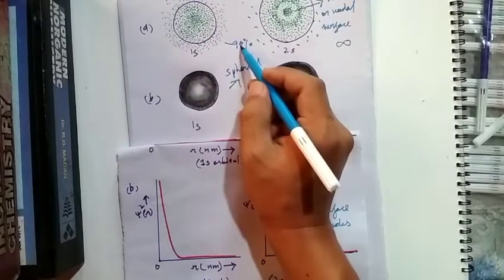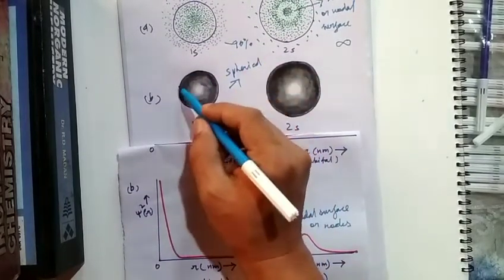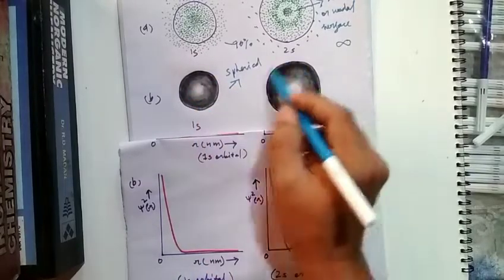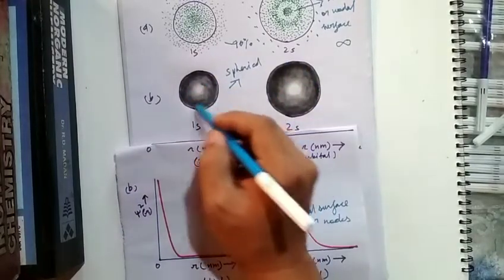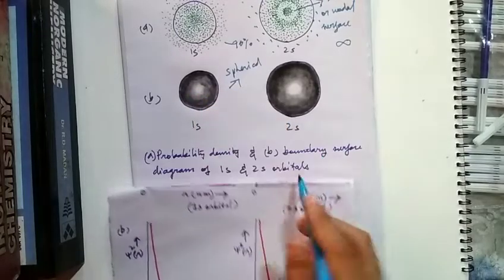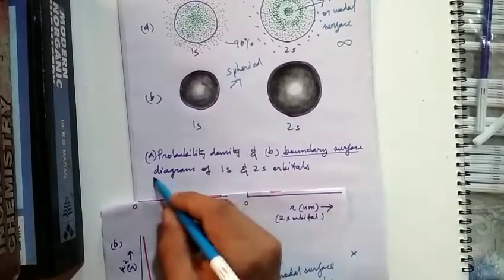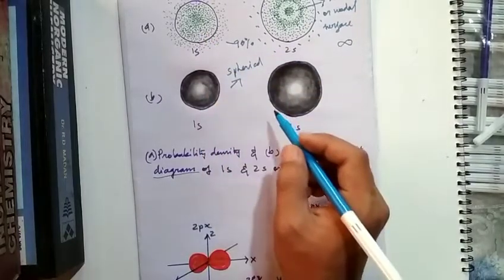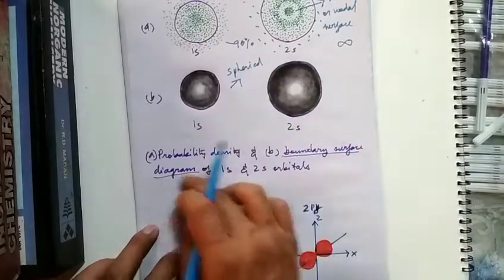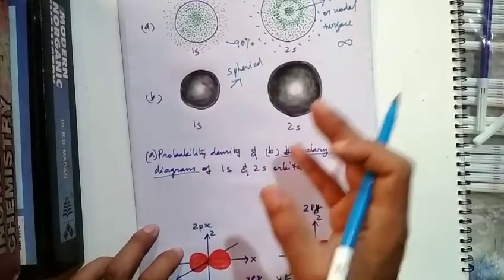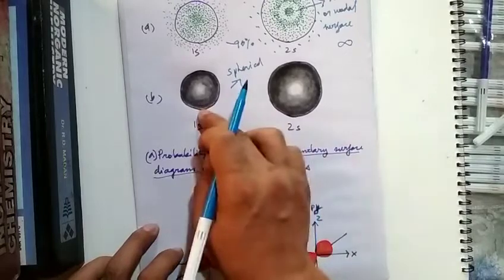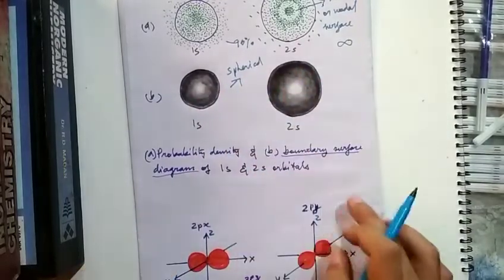With this we draw a diagram, a sphere or a circle. This is known as the boundary surface diagram. The first one is the probability density. These boundary surface diagrams give the shape of the orbitals, and we come to the conclusion that an s orbital is spherical in shape.